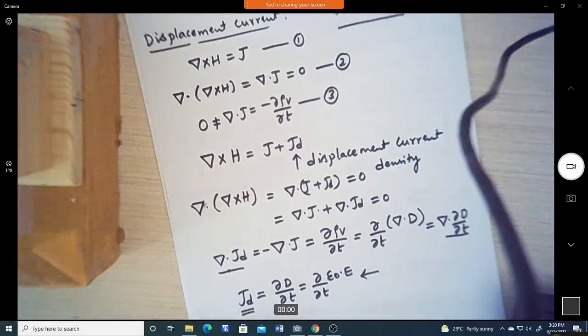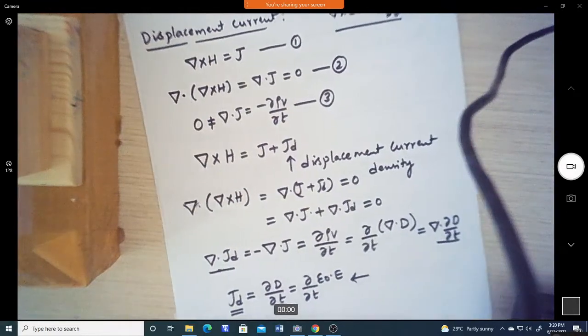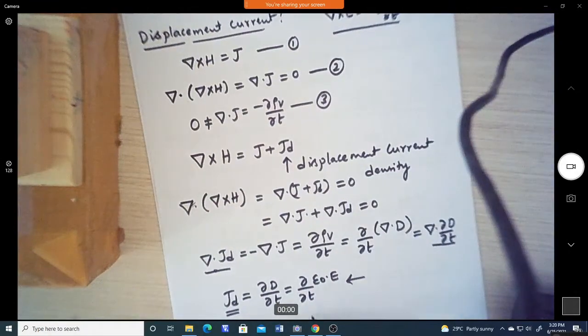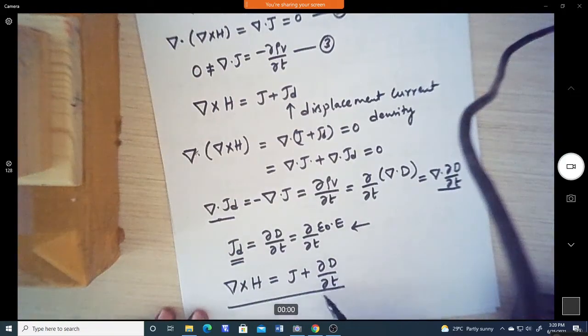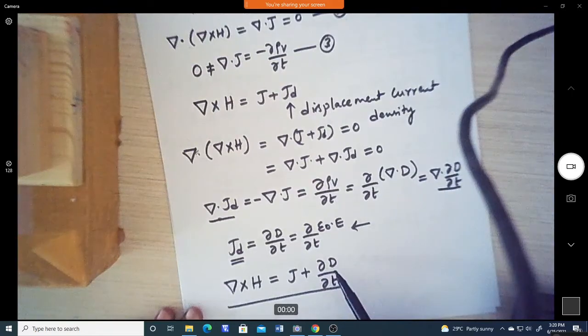We can write del cross H equal to J plus del D by del t. This is the equation for the time varying field. Whenever we take the magnetic field, it is governed by the time varying electric field. This is the major contribution of Maxwell's equations in the time varying field.